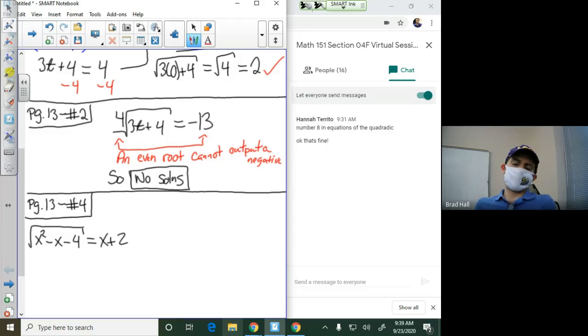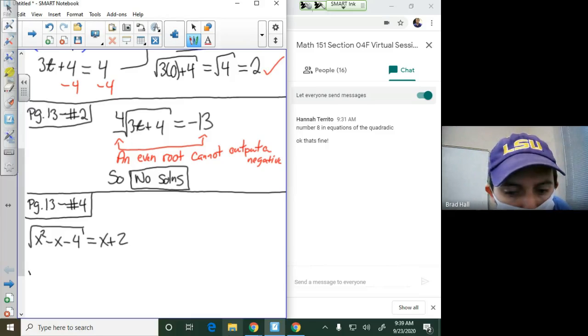So we have an equation with a radical sign in it. The first thing we have to do is isolate the radical, which is already isolated. So the second thing we have to do is, well, get rid of the radical symbol.